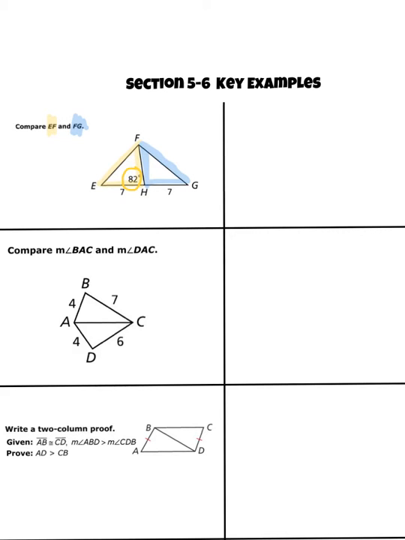And if EHF is 82 and its linear pair is over here at GHF, that means that I can take 180, subtract the 82 degrees, that is angle EHF, and get the measurement of angle GHF, which is 98 degrees.